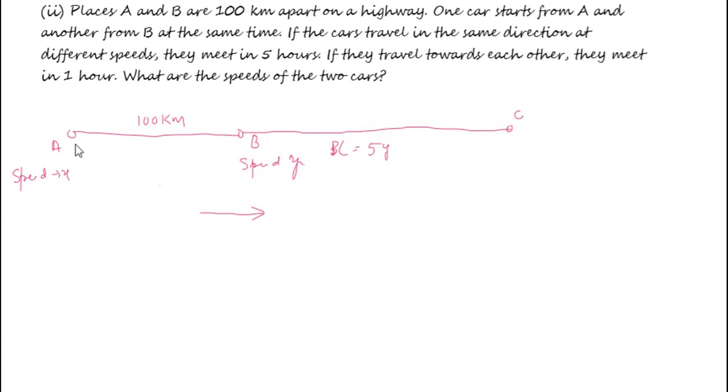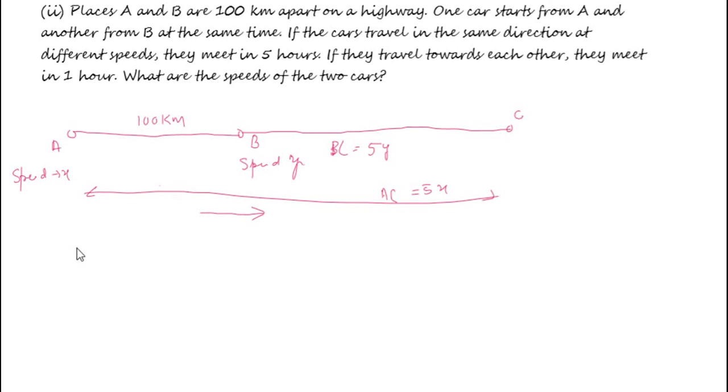And distance AC, car A has traveled for 5 hours with the speed x kilometers per hour. So this entire distance, AC, is equal to 5x, 5 into the speed. Now AB equal to 100 kilometers. AB is nothing but AC minus BC.